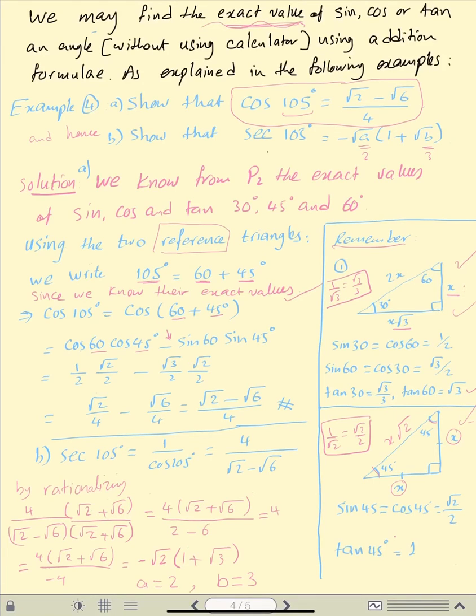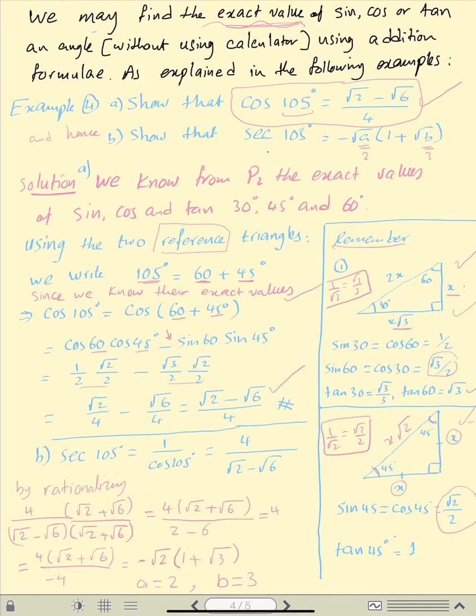Cosine 60 is half, cosine 45 is radical 2 over 2, minus sine 60 is radical 3 over 2, times sine 45 is radical 2 over 2. So we have 2 times 2, 4, common denominator. So what do you have here? Radical 2 minus radical 6 over 4, that he wants.